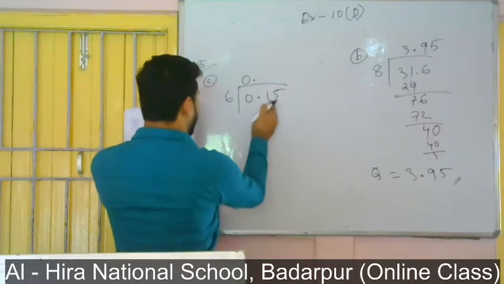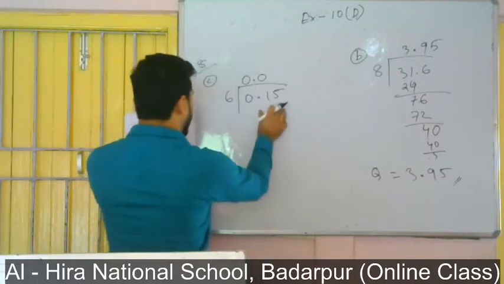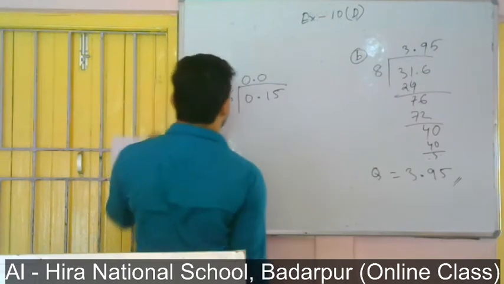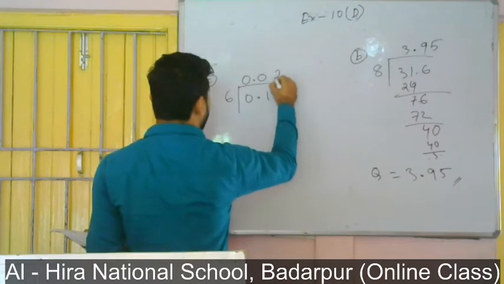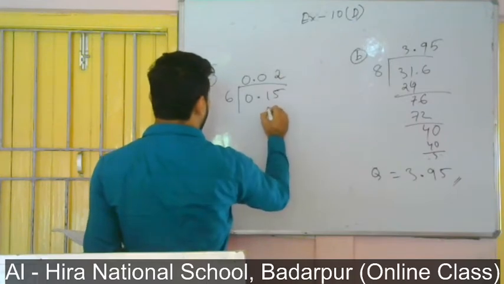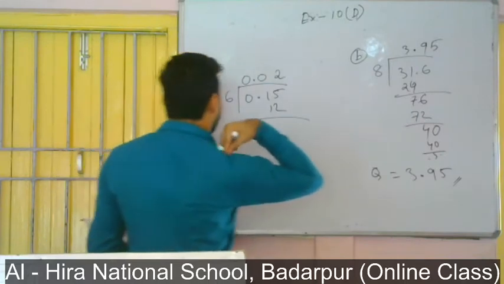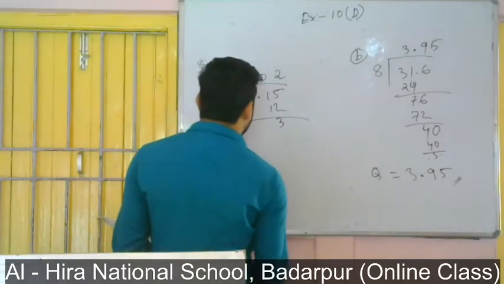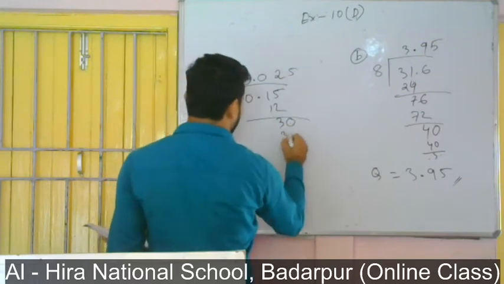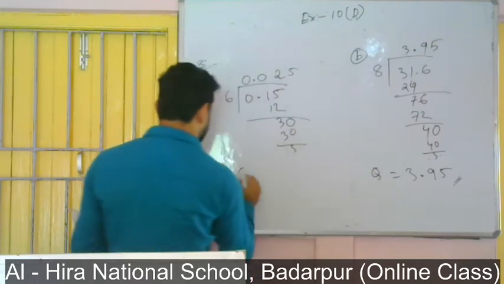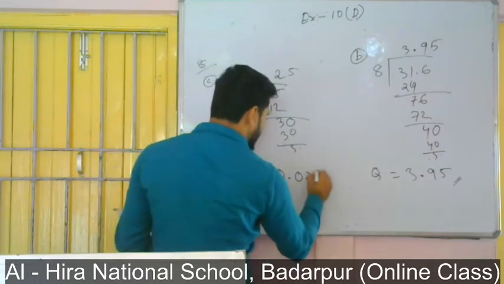Okay, after that we'll take 1. This is also not divisible, so we'll put again 0. Now we'll take what? 15. Now we can divide. 3 6s are 18, then 6 2s are 12. Okay, now here remain what? 3. Okay, point is there, so we'll put 0. Then 6 5s are 30. So quotient is 0.025.